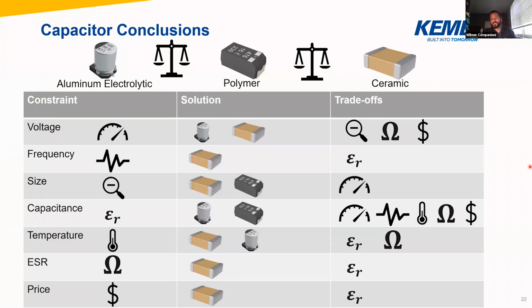So at first glance, it might seem like ceramic capacitors are the optimal choice, and very often they are, but there are design constraints that may drive you to other options.